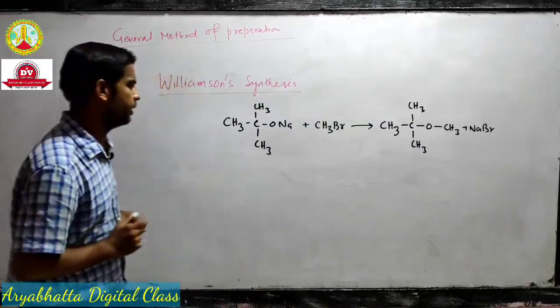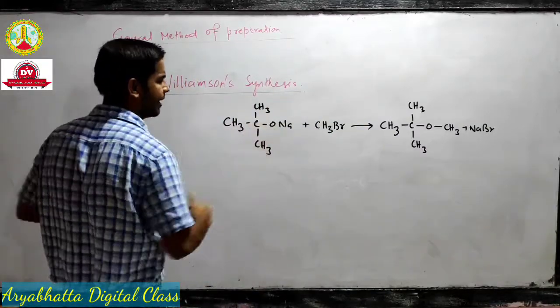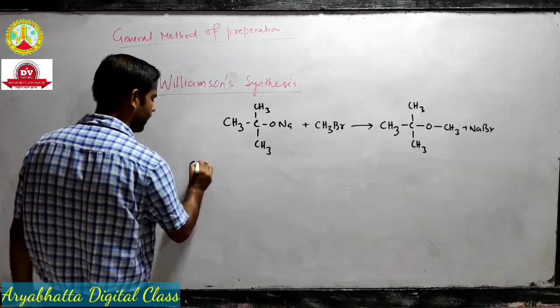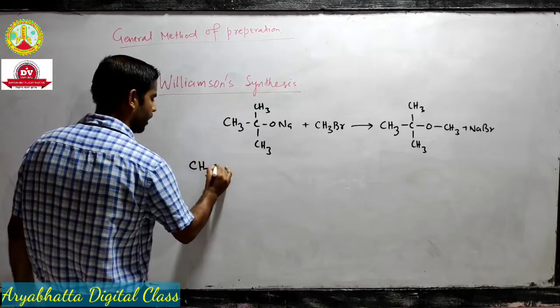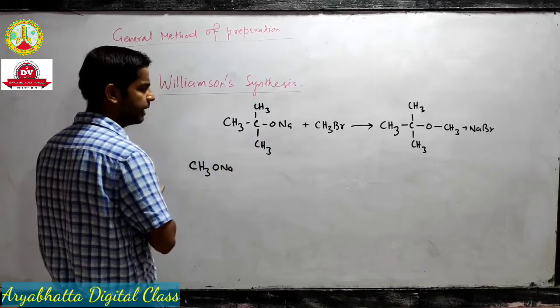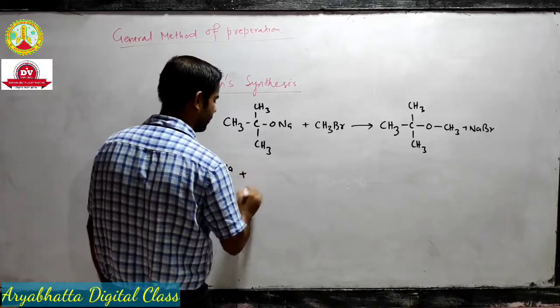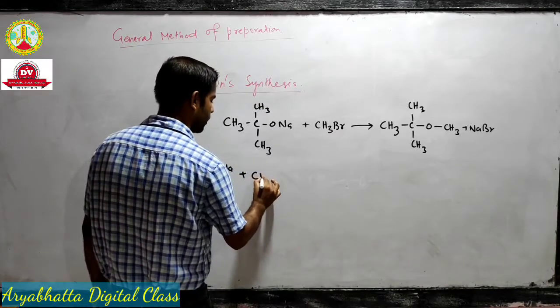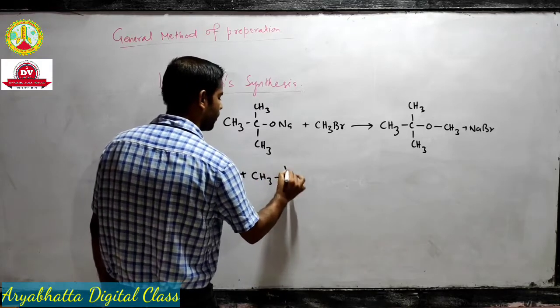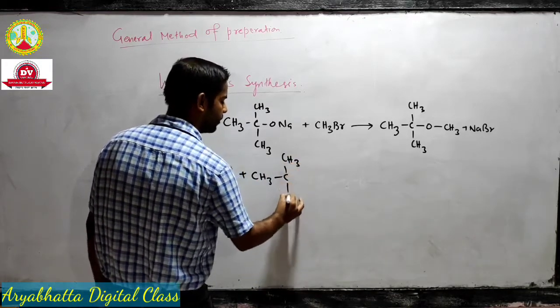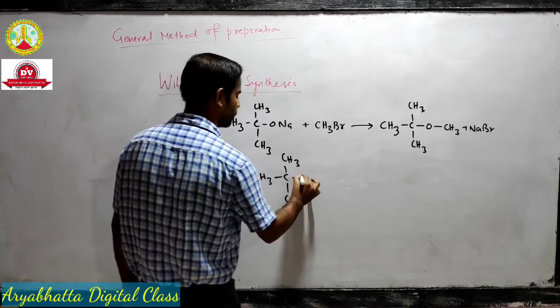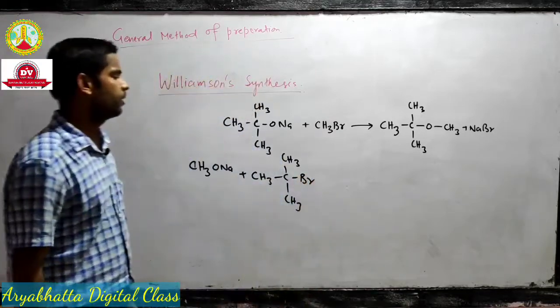Now let's switch the alkyl parts. That means let's take the alkoxide to be 1 degree and our alkyl halide part to be 3 degree.